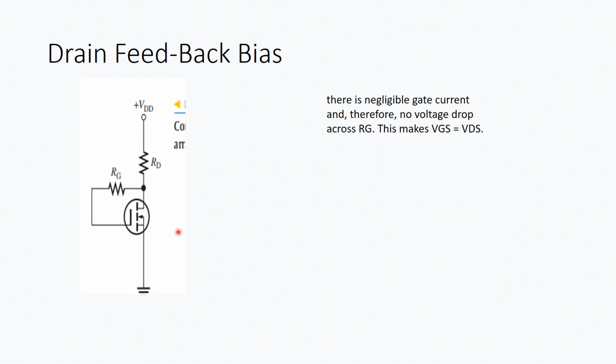Here it is a drain feedback bias. Why? Because you can see a resistance RG connected between the output terminal, the drain, and the input terminal. In this circuit a negligible gate current flows, so there is no voltage drop across RG. This makes VGS almost equal to VDS.